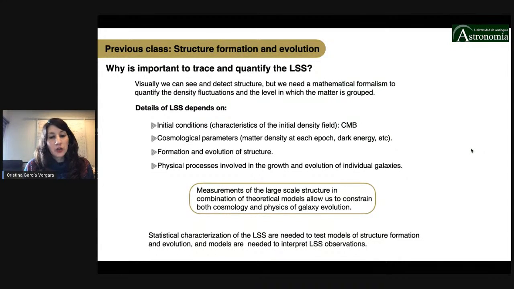If we can measure the large-scale structure mathematically, we can constrain cosmology and physical processes of galaxy evolution and formation. That is why this is so important. Today I'm gonna talk more about how we can measure this. I will start with a very simple explanation of what clustering is.